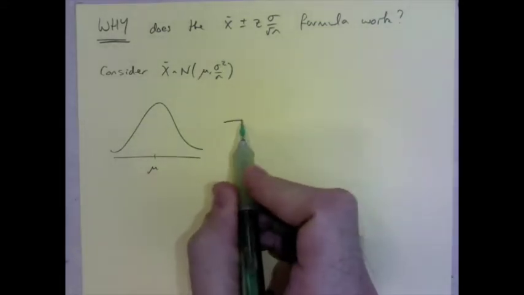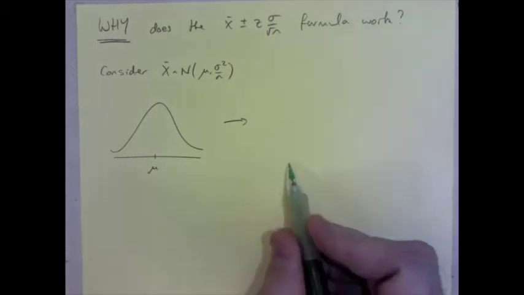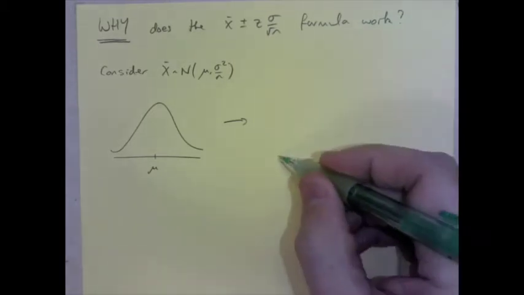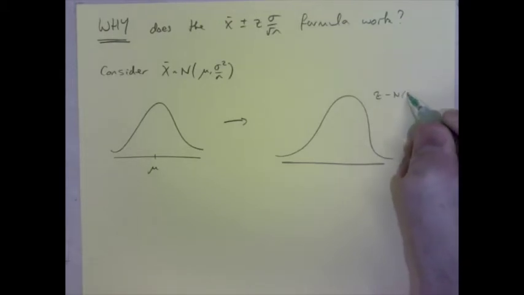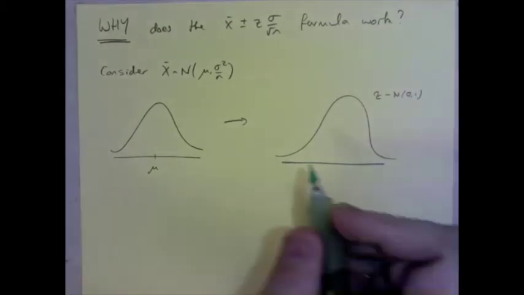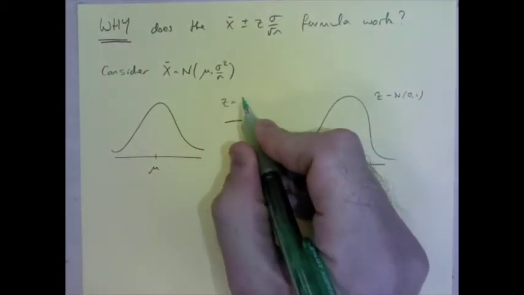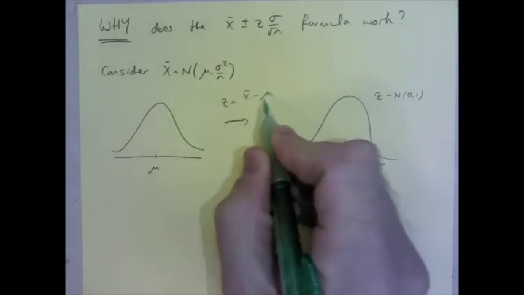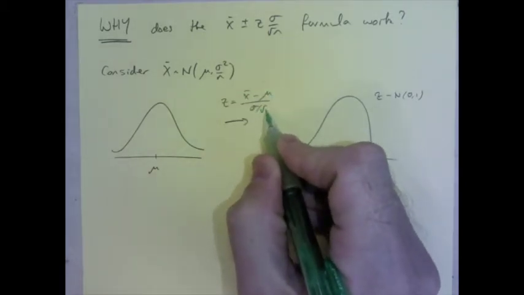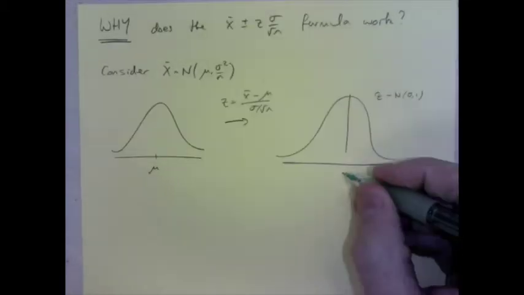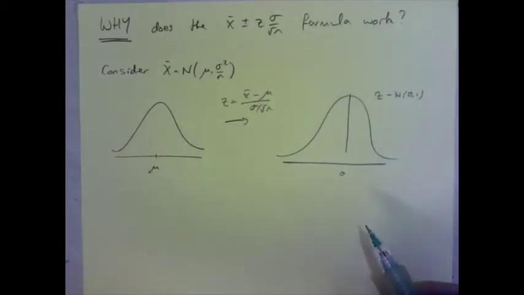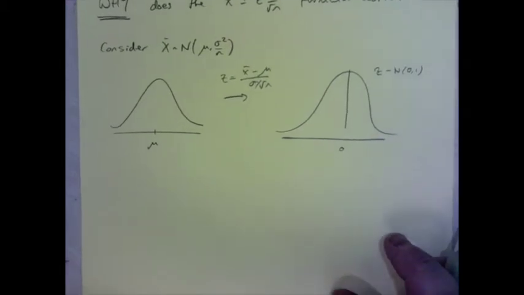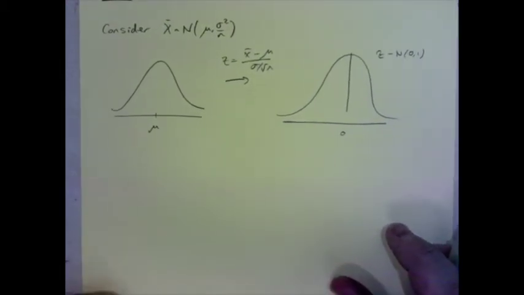And what I'm going to do is standardize this distribution to our favorite Z, which is normal 0, 1, with the conversion formula Z is x bar minus mu upon sigma on root n. Now that's 0. And I'm going to look at the example of a 95% confidence interval.